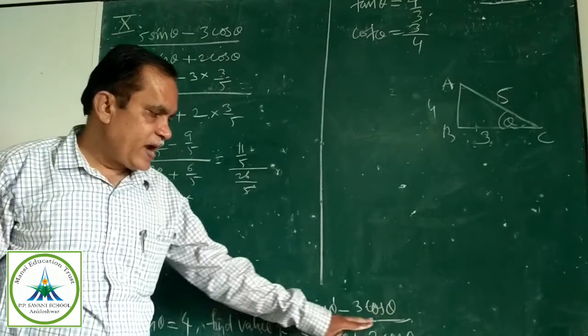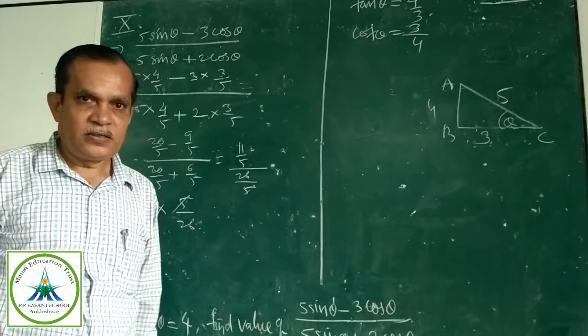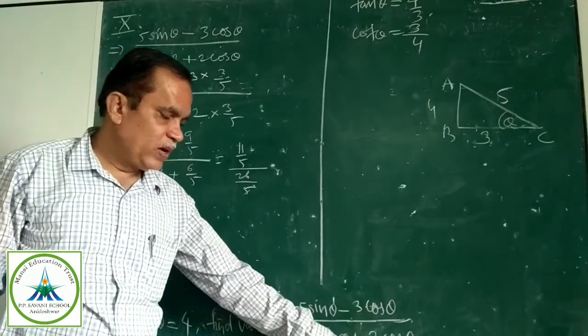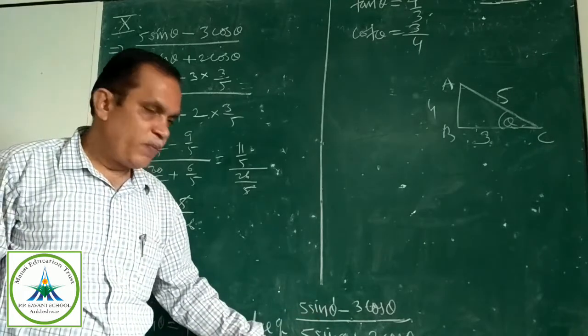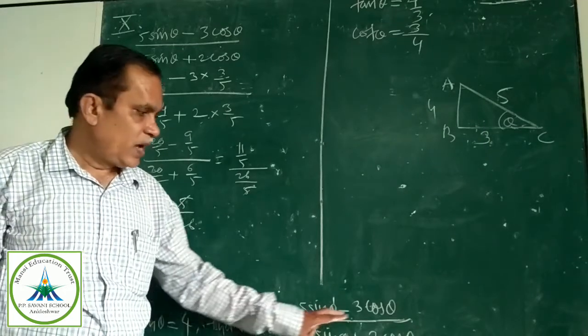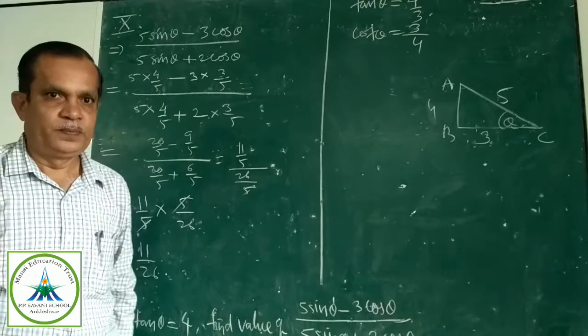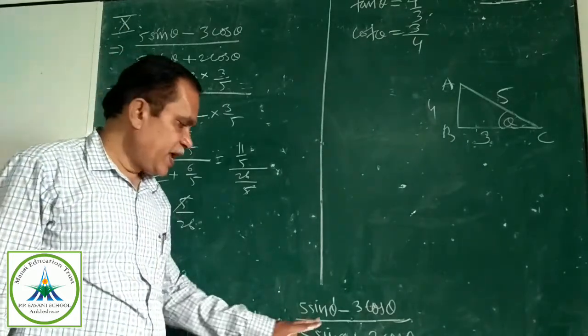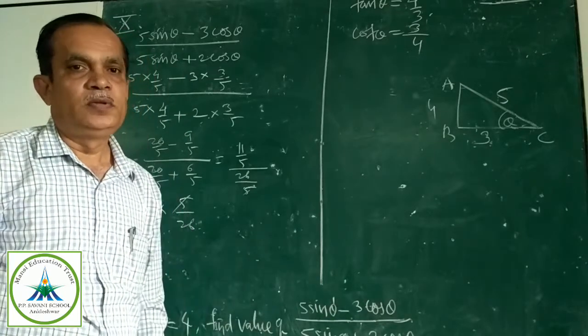If I divide numerator and denominator by sine, sine gets cancelled and cos becomes cot. Or if I divide numerator and denominator by cos, sine changes into tan and cos upon cos becomes 1. It is up to you.